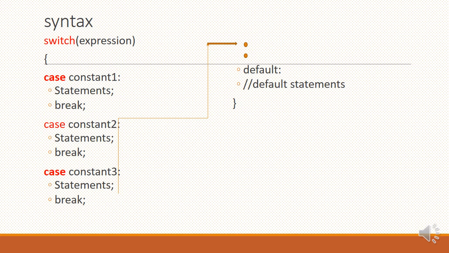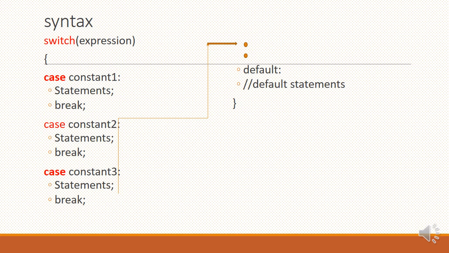Similarly, you can write case constant 2 and constant 3. Let us see, if this expression is equal to constant 3, one point you have to remember: your control directly goes to that case. It is not going to check 1, 2 and then 3.